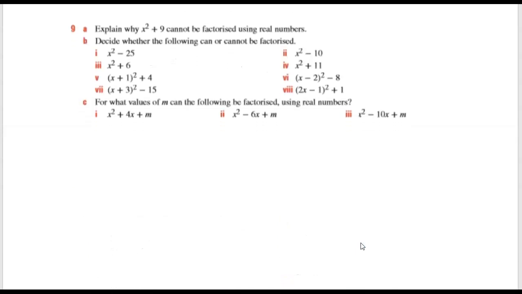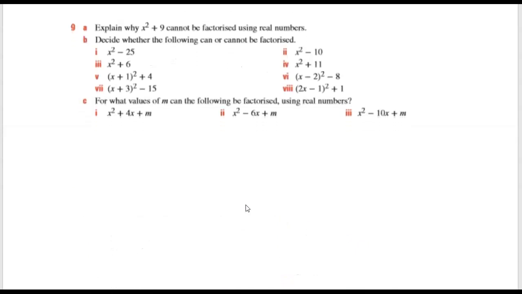Okay. Question 9, explain why x squared plus 9 cannot be factorized using real numbers. So basically, this is as far as we can go. We can't factorize it any further, and we can't factorize it using the difference of perfect squares, because remember the word difference, it is there because that means we subtract.